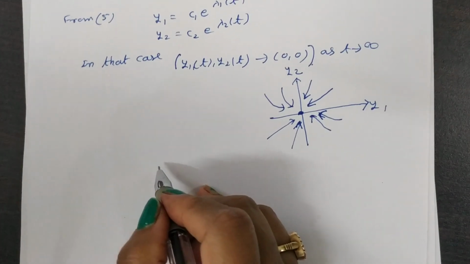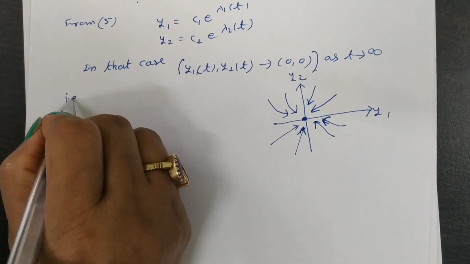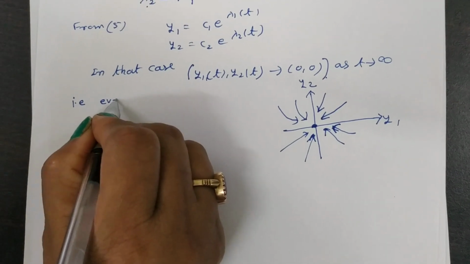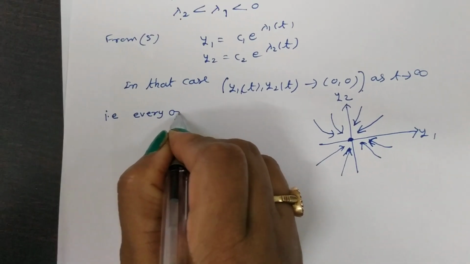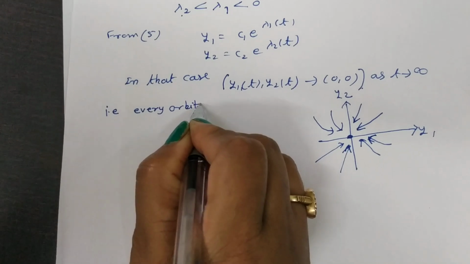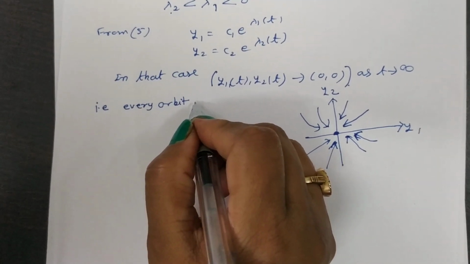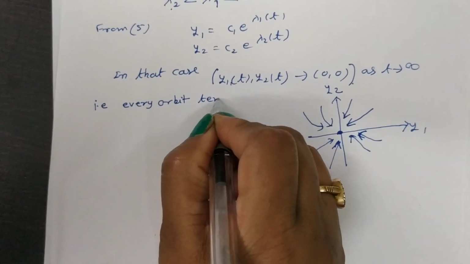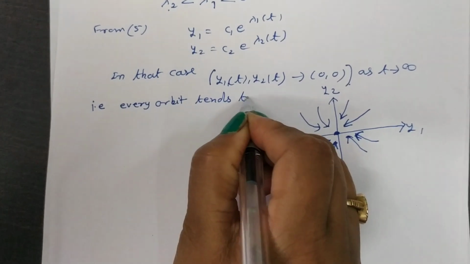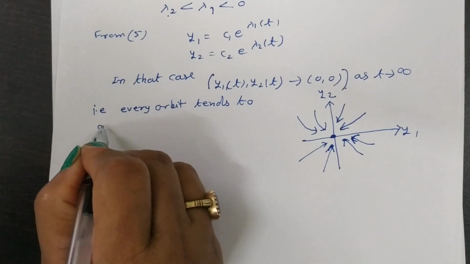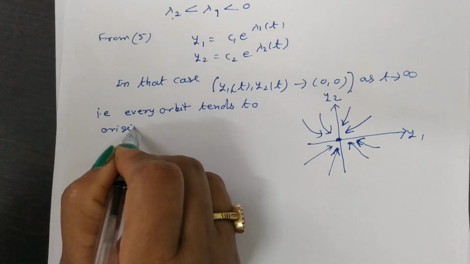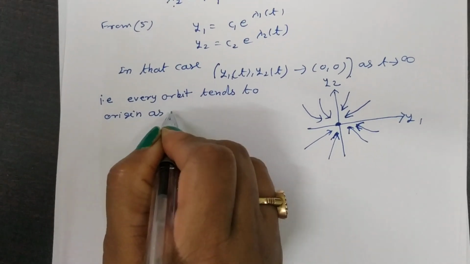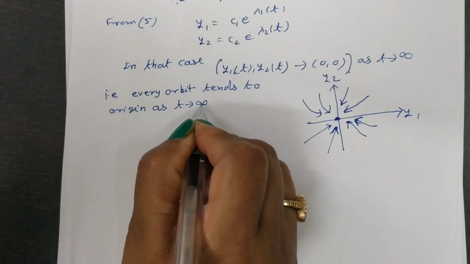That is, you say every orbit tends to the origin as t tends to infinity.